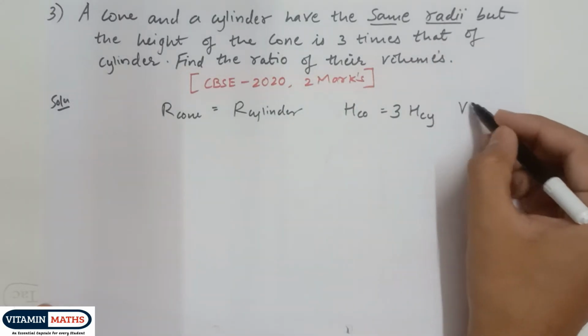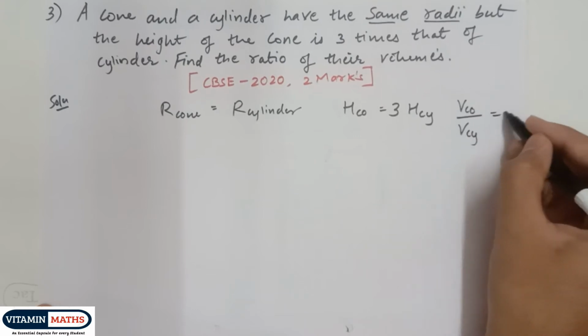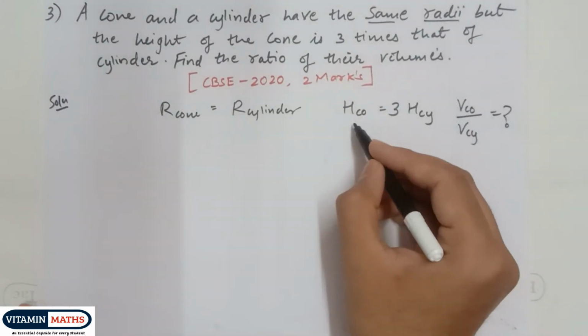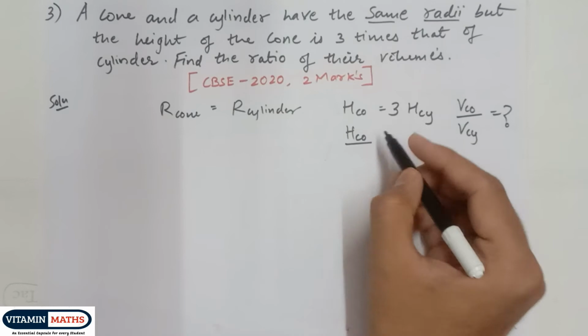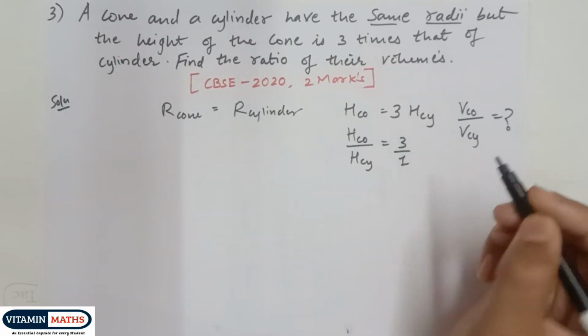So ratio of their volumes, volume of cone divided by the volume of cylinder, that ratio we have to find. Let me take height of cone divided by height of cylinder as 3:1.